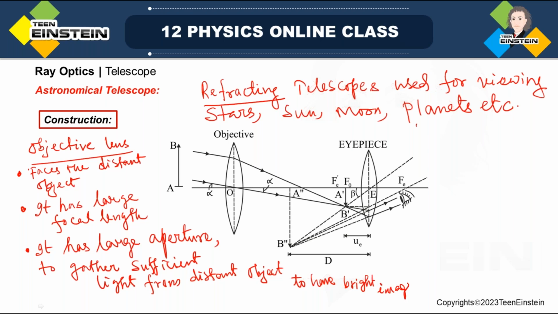Okay, so this is about the objective lens.